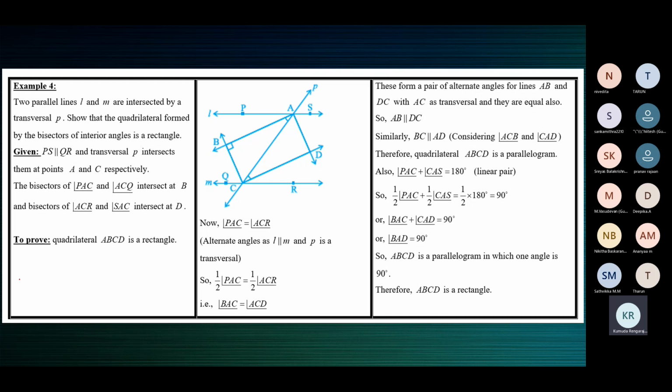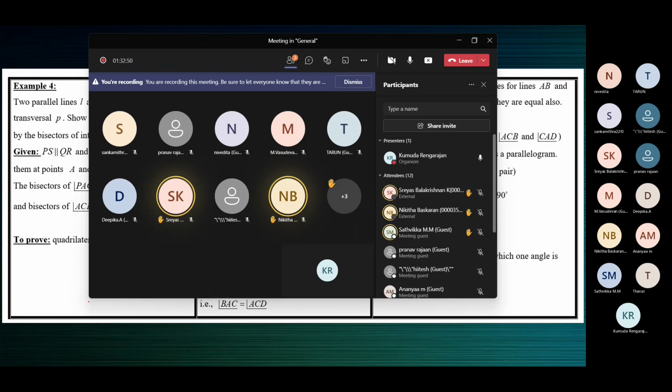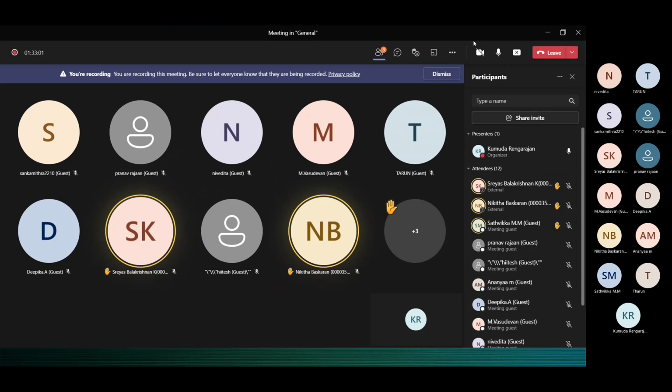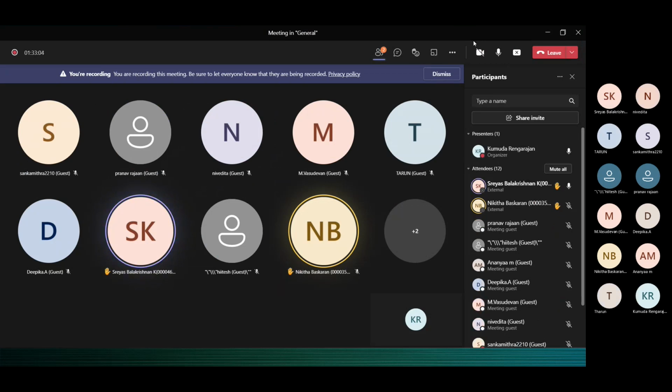Are we writing, children? Yes, ma'am. Shreyas, have you completed examples 1, 2, 3, and 4? Yes, ma'am. I took screenshots and completed.